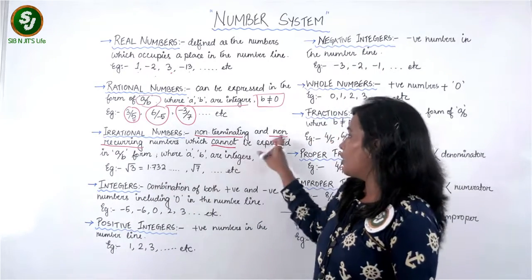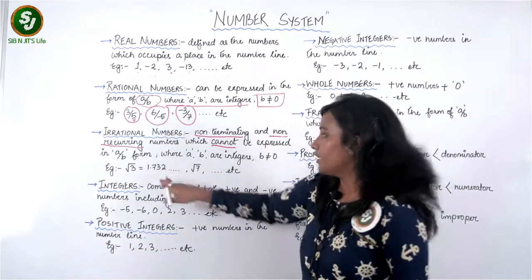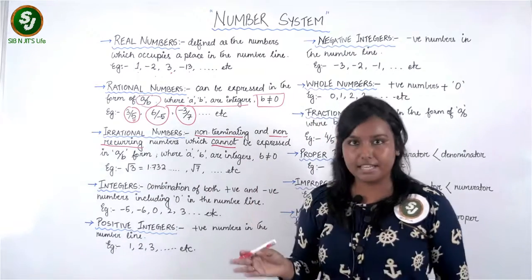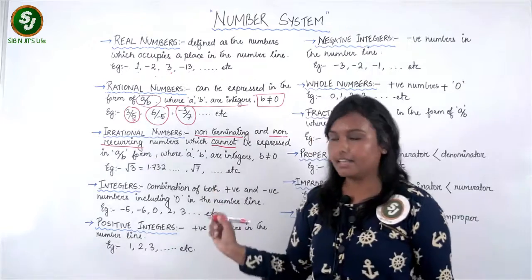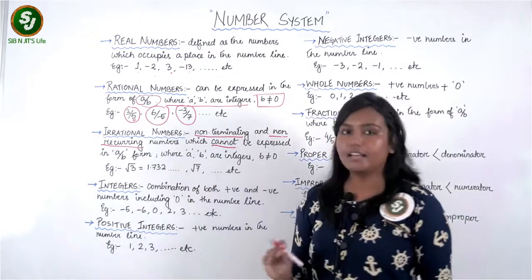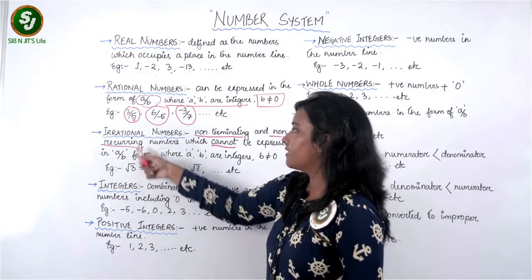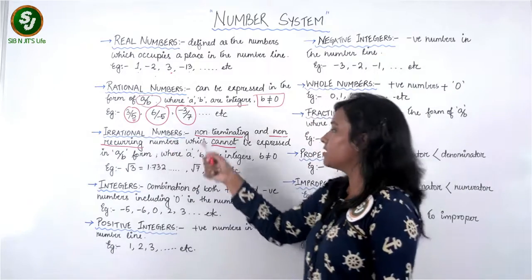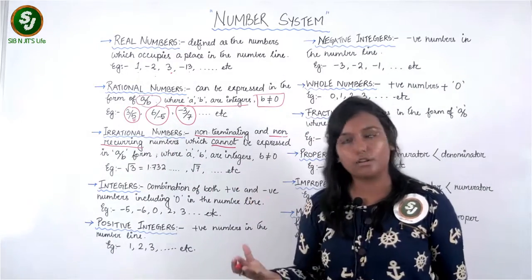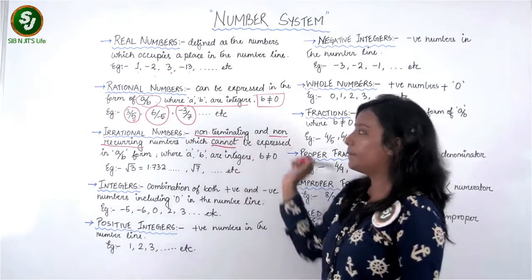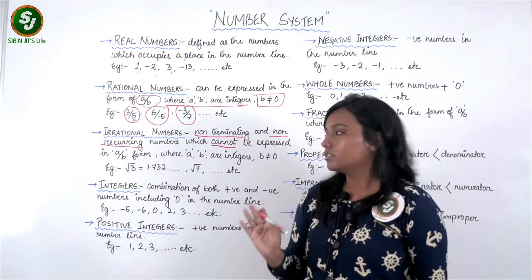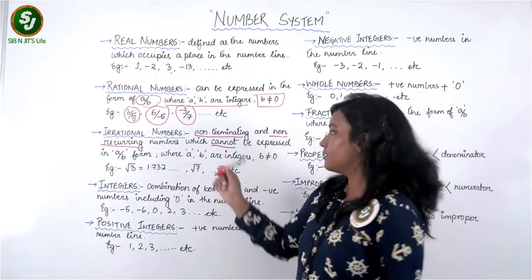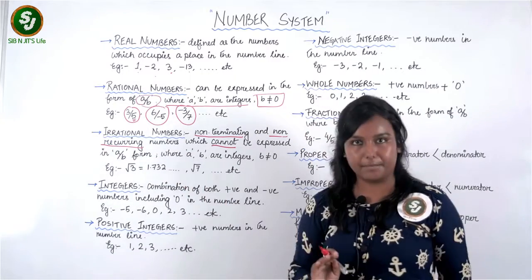And non-recurring means, can you find any of the digits repeating? No. So this is a non-recurring as well as a non-terminating number. So root 3 is an irrational number. Likewise, when you find the value of root 7, you will find it to be a non-terminating and non-recurring number which cannot be expressed in the form of a by b.